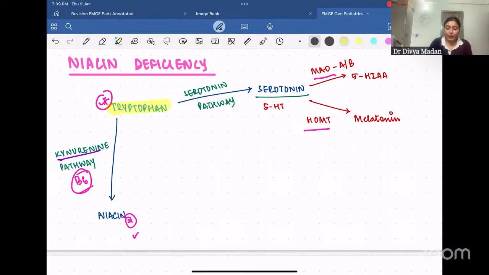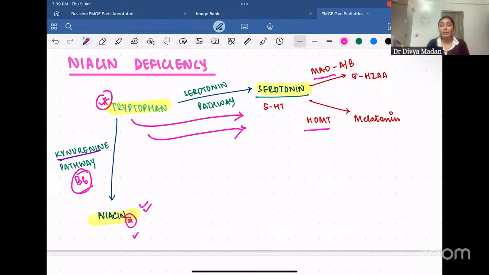Also, in certain conditions where the production of serotonin is increased, all of the tryptophan would be used up in the production of serotonin, and then there will be niacin deficiency, right? Lastly, if there is some problem in the B6 in this kynurenine pathway, B6 is an important cofactor in this kynurenine pathway.